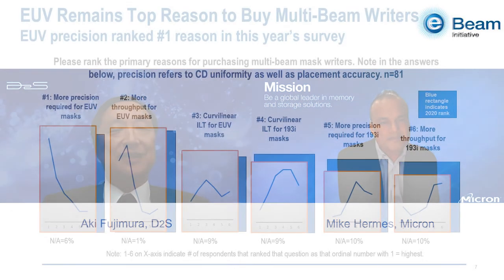Right. So it's ramping up, basically, right? Speaking of that, curvilinear in general, and EUV for that matter too, the eBeam Initiative conducts an annual luminary survey, and in the last couple of years, it's come up.